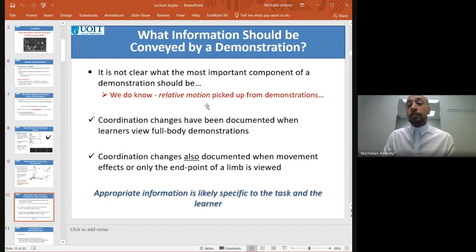So coordination changes have been shown to occur with both full body and endpoint demonstrations. It's going to be dependent on the task itself. And so what you would want to evaluate is whether the skill you're trying to teach the learners requires full body motion, or if it's more specific to have motion of just whatever distal segment they are utilizing.